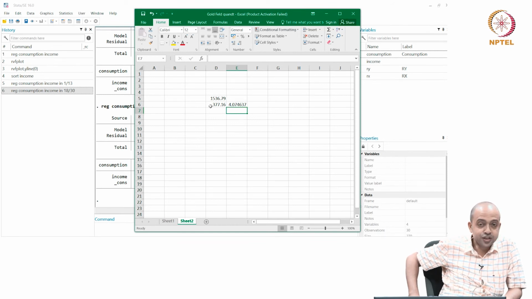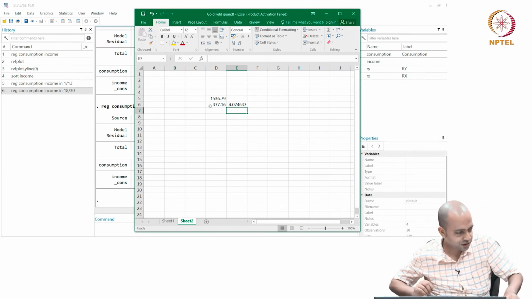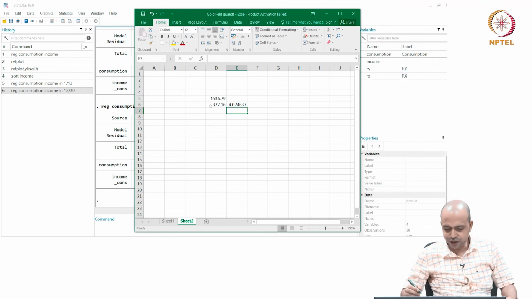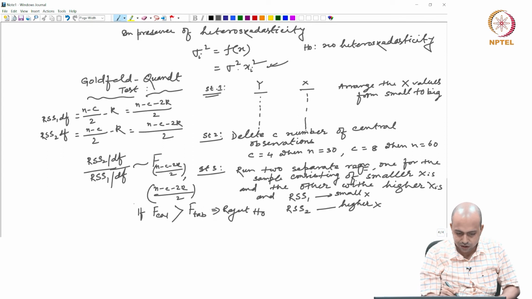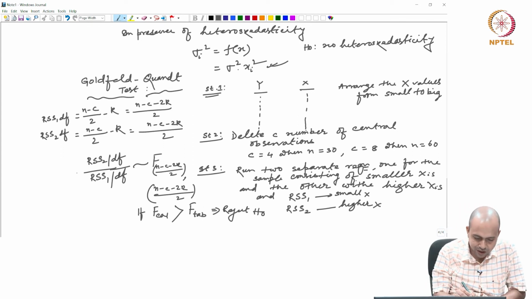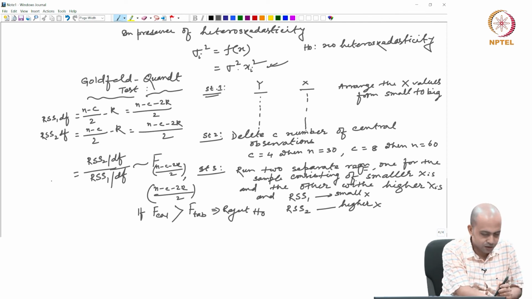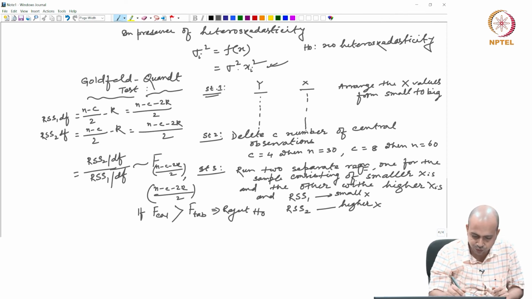And what is the degrees of freedom for the numerator and denominator for this? The degrees of freedom would be 11 and 11. So, while calculating, I will go back to our formula. This is our formula, RSS2 by RSS1, and here I am not dividing by degrees of freedom because that is 11 and 11, and this is 4.07.